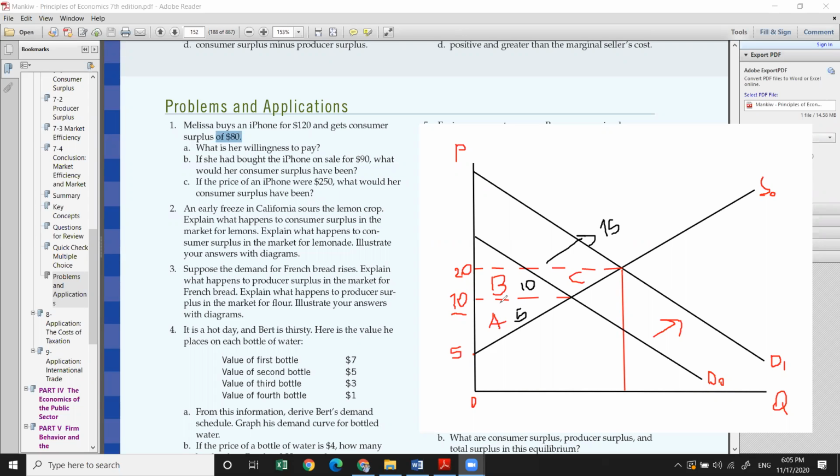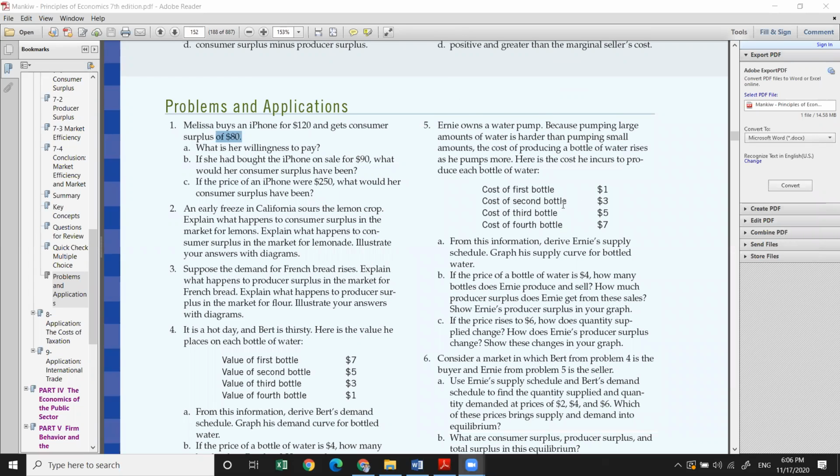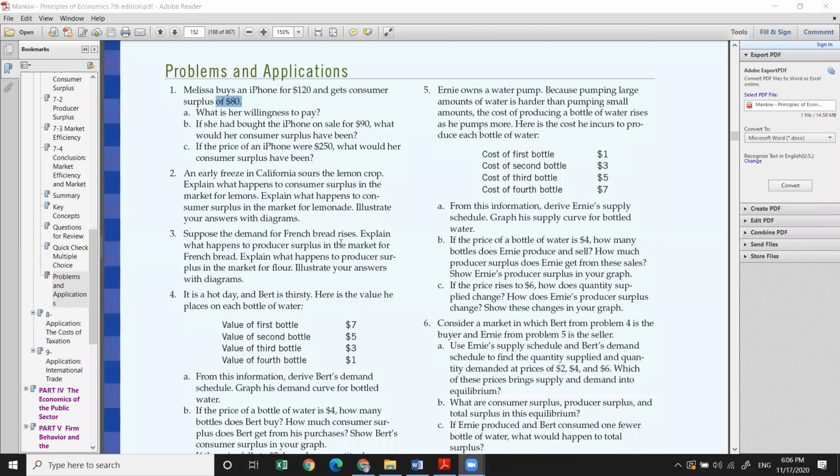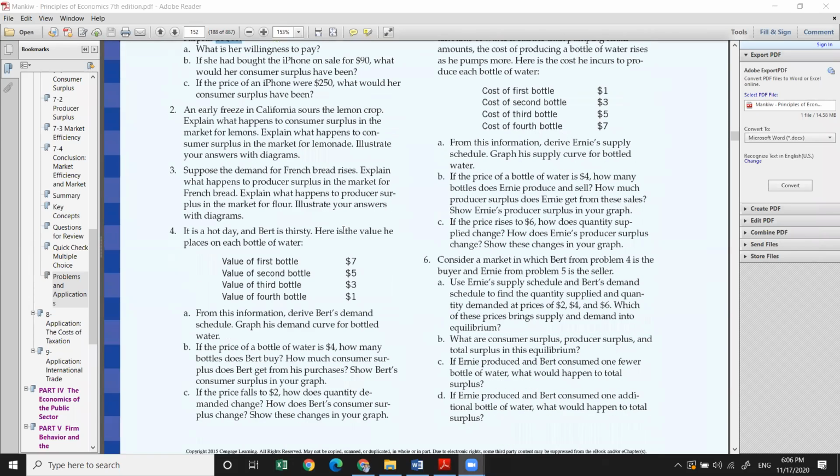And the quantity will be increased and the price will be increased. So the producer surplus for the flour market will go up as well. But by how much, we don't know. We need to calculate, and we know how to calculate. Okay, that's good. Question 4.